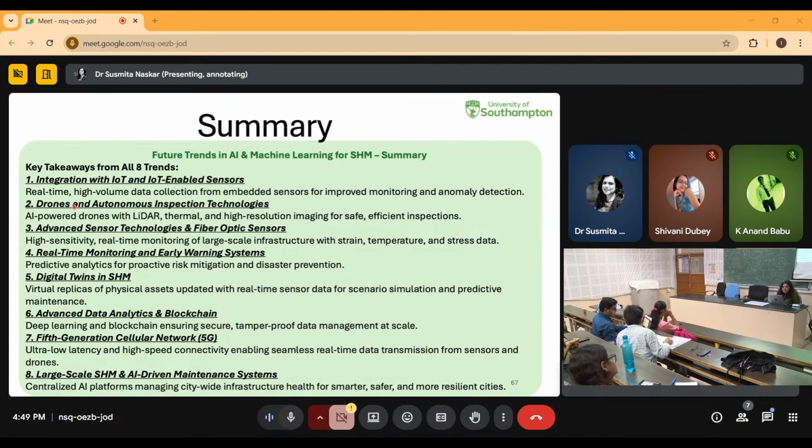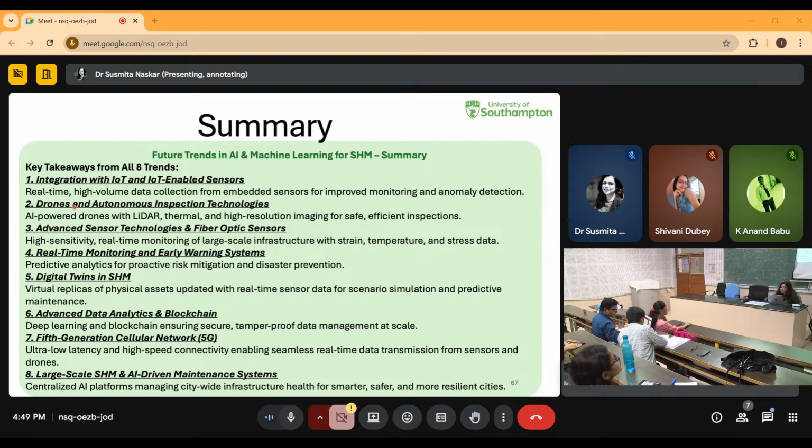Then comes the 5th generation cellular network, which is the 5G network. That helps us understand the ultra-low latency that gives very high-speed connectivity, enabling seamless real-time data transmission from sensors to the drones. The last one is the large-scale SHM or AI-driven maintenance system, which helps you understand the centralized AI platform and manage city-wide, or in some ways country-wide, infrastructure health for a smarter, safer and more resilient system.